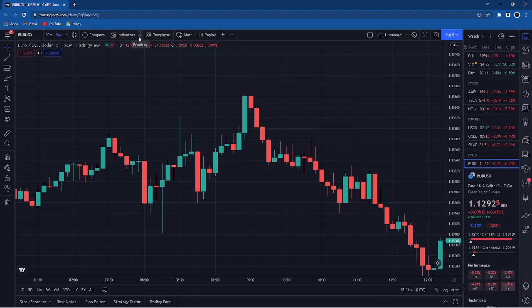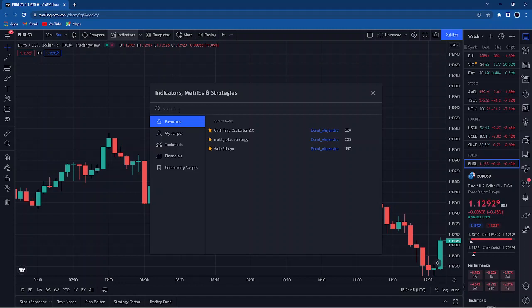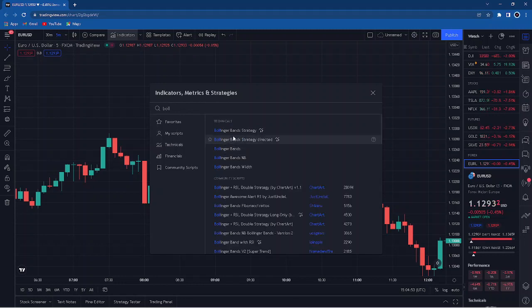So first and foremost, I want to head over to my indicators, and I want to select BOLL, and that takes me over to Bollinger Bands. You're going to see some other stuff here: Bollinger Band strategy, Bollinger Bands percent B. These are not the things that you want to click on.